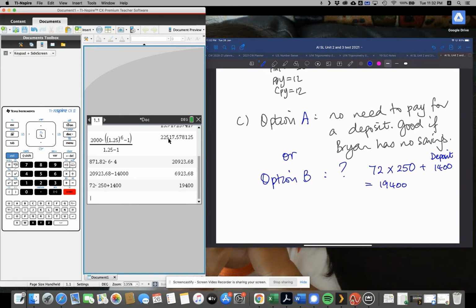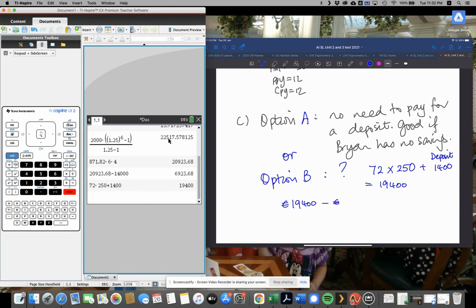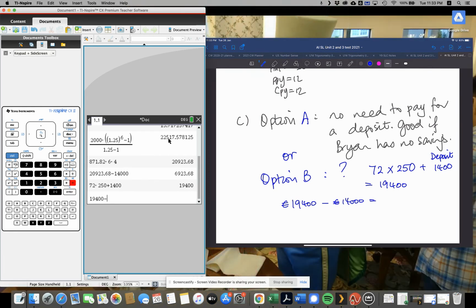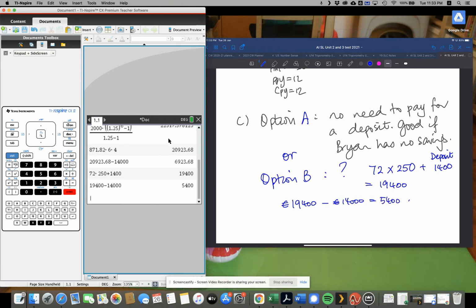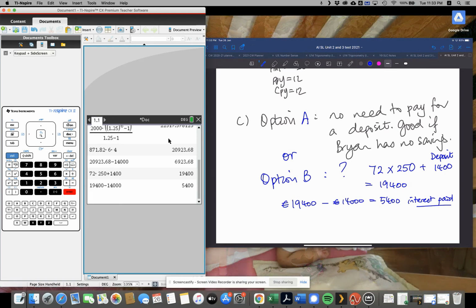Let's work it out. So compared to the car, this is how much he needs to pay in 6 years. The original price of the car is 14,000. So 19,400 take away 14,000, 5,400 interest paid.